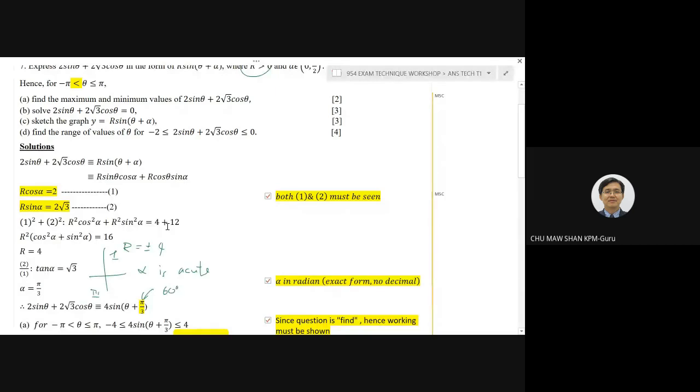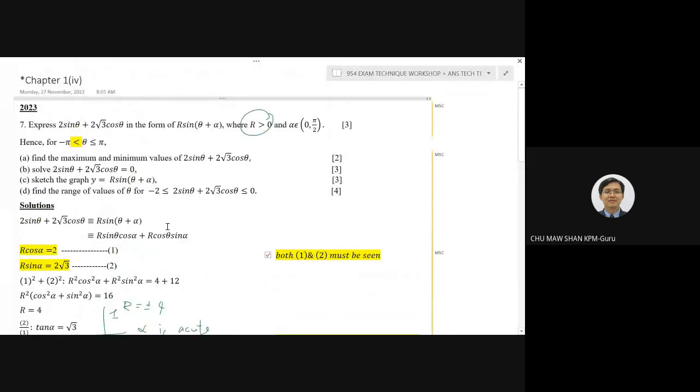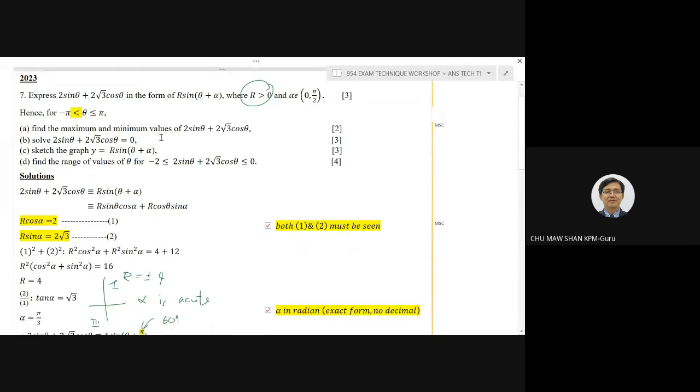Why must it be in radian? Because it all follows the question. You see, in the question the angle is expressed in radian. So in answering the question, we just follow everything in radian.